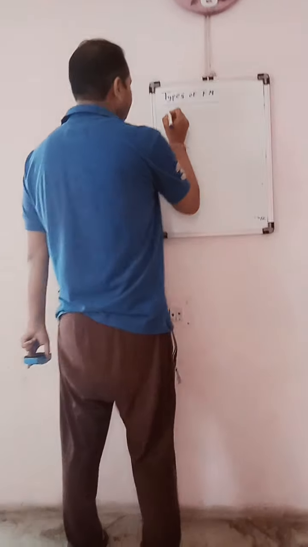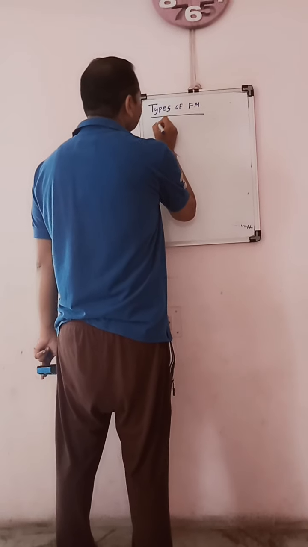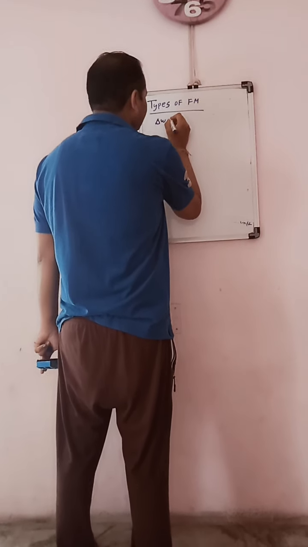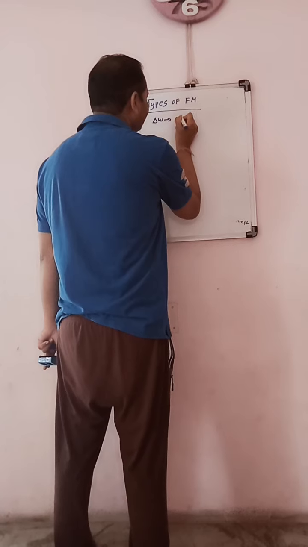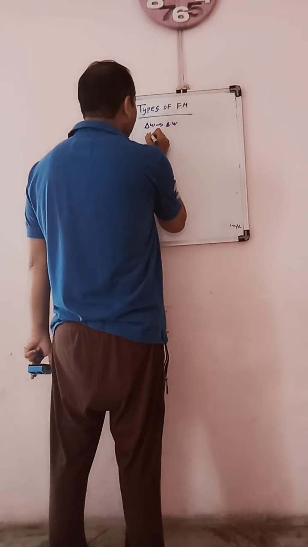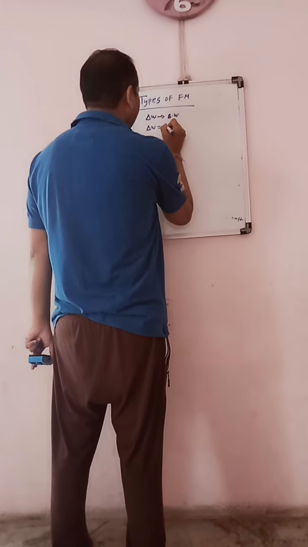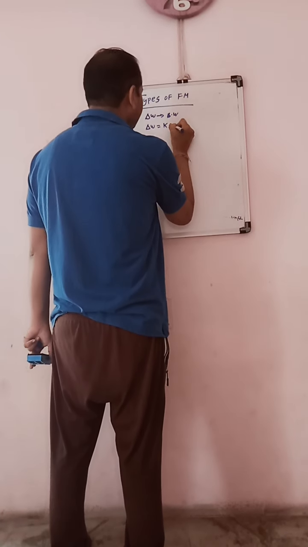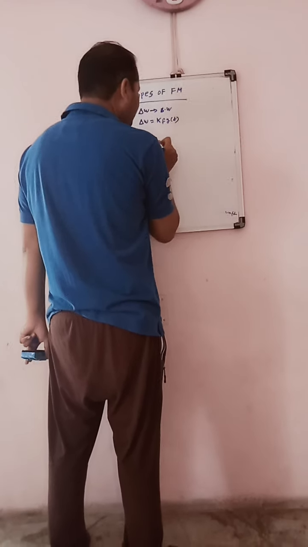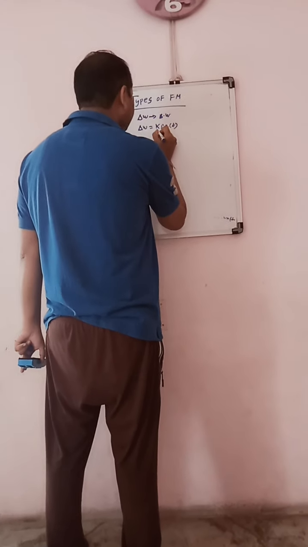So first of all, we have to understand that this delta omega is the factor which determines the bandwidth, right? And this delta omega is equal to what? This delta omega is equal to kf em. So which parameter is governing the bandwidth? This kf.